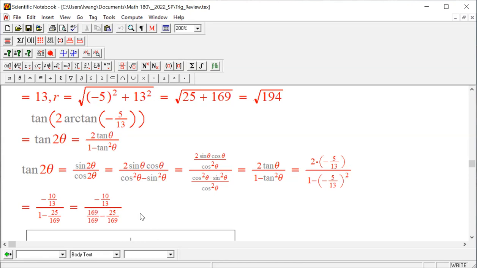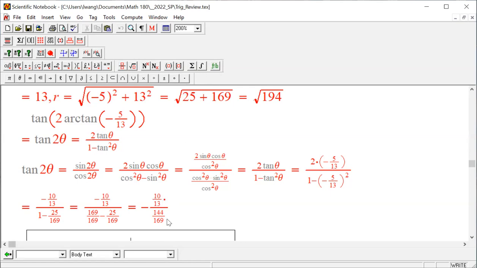Now the entire thing is going to be negative, so I'm going to put the negative in the front, and the top is 10 over 13. The bottom is 169 minus 25, that's 144 divided by 169.